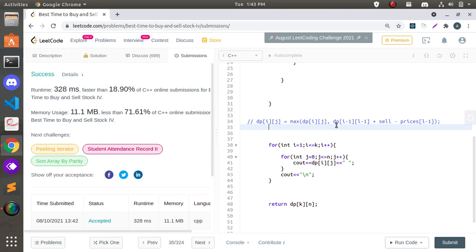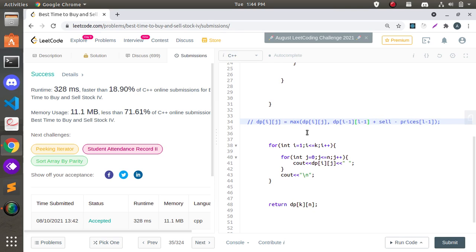And here we can see that we are using the previous transaction, or there is one thing, that you don't have to take that transaction into your account. So just take the previous decision, I minus 1, and then at the L minus 1, right?